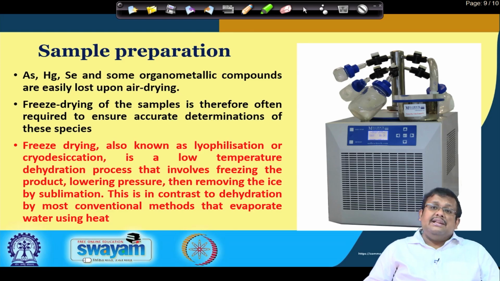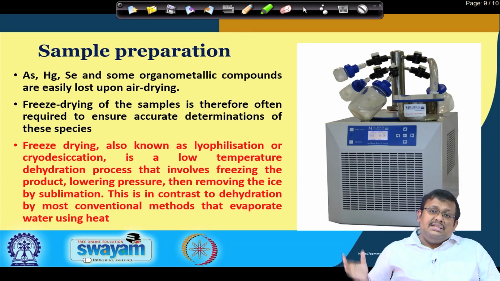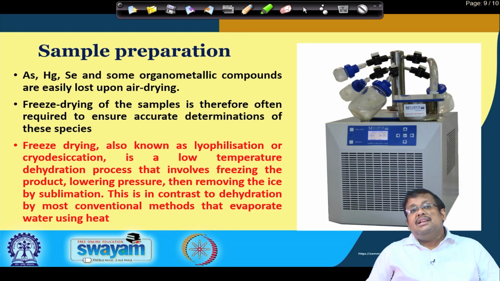So, air drying, while it is known for keeping the original chemical and biological composition intact, these metalloids, organometallic compounds like arsenic, mercury, selenium, are easily lost by air drying also. So, for this generally we go for the freeze drying or lyophilization process. So, freeze drying of the sample is therefore often required to ensure the accurate determination of these species.